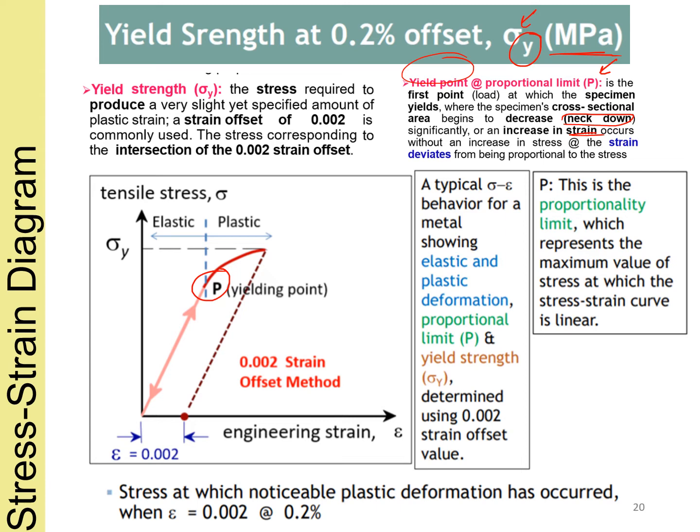So we can see the typical stress strain behavior for the method showing the elastic deformation, the proportional limit P, as well as the yield strength, which you need to determine using the offset strain of 0.02. In this case, you are using the value 0.02 starting from the origin towards the strain 0.02.